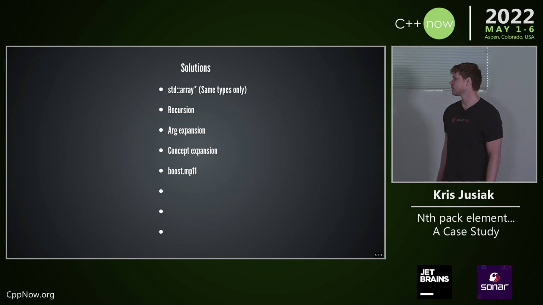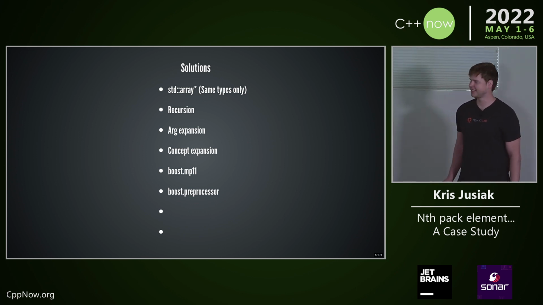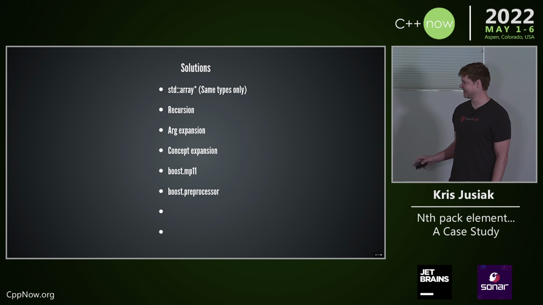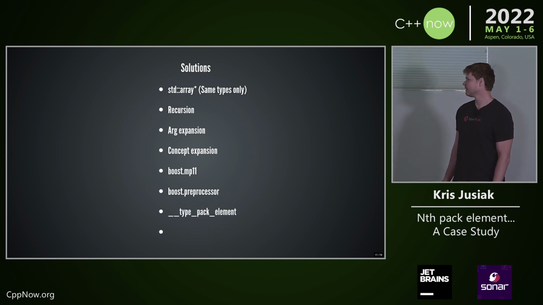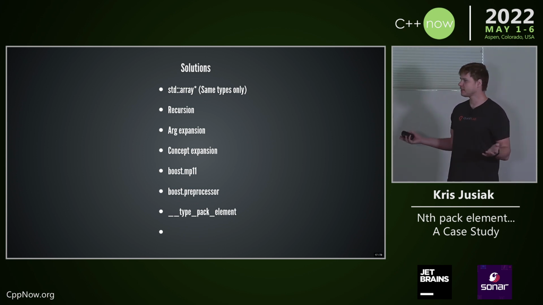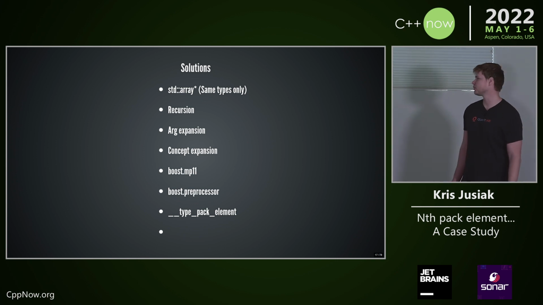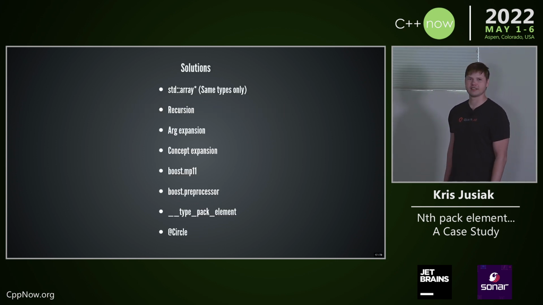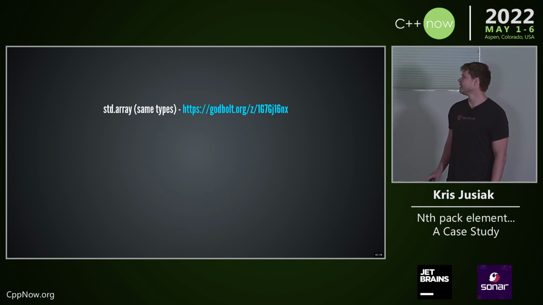We'll look into Boost.MP11 and its abilities to help us. Preprocessor, of course, we have to try it as well. That was the hardest. I was like, in C++ it's hard to use the C preprocessor anymore. Type element, which is something Louis Dionne added to Clang. It's great, however it only works for types, so we'll have to do a bit of magic to scale it. Oh yeah, and Circle is here, so there'll be a lot of goodies about that.